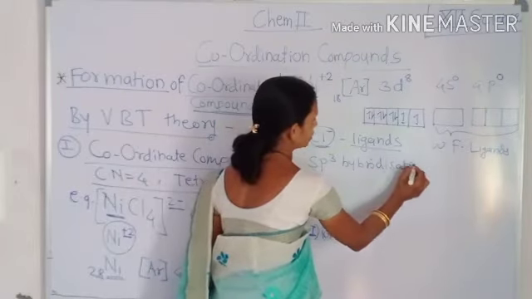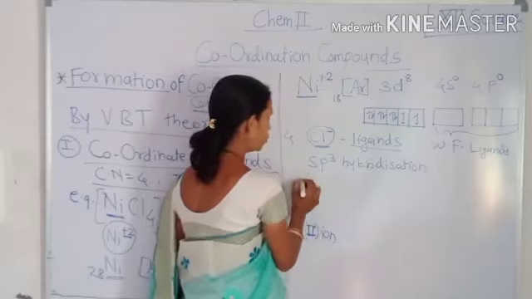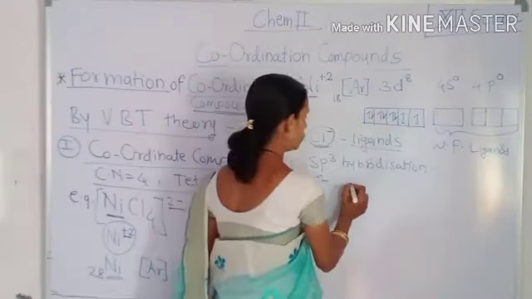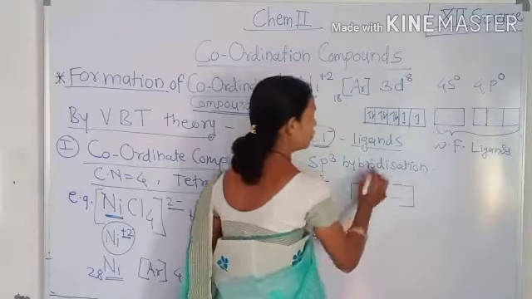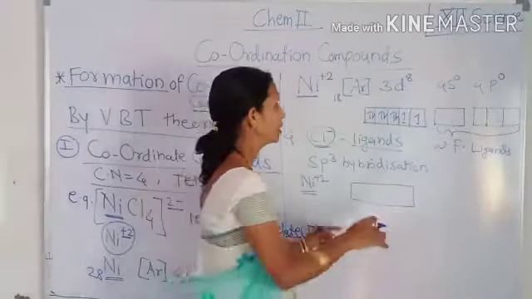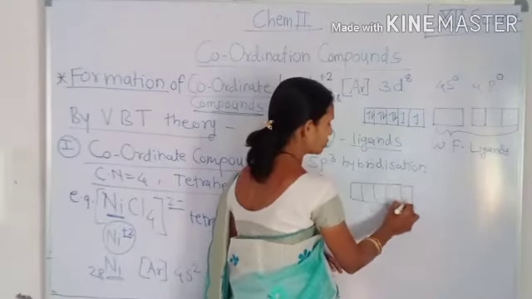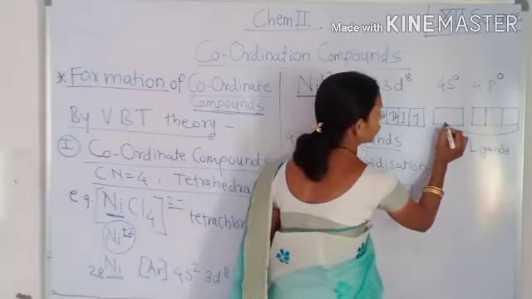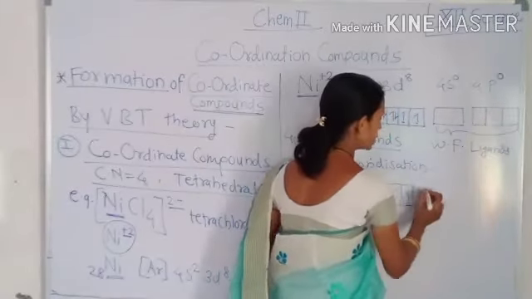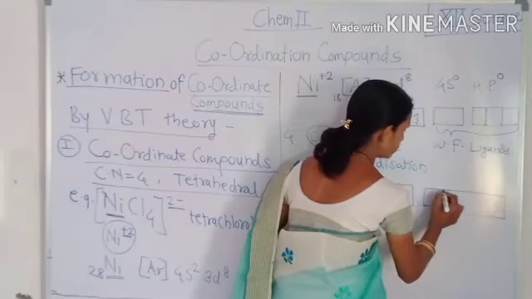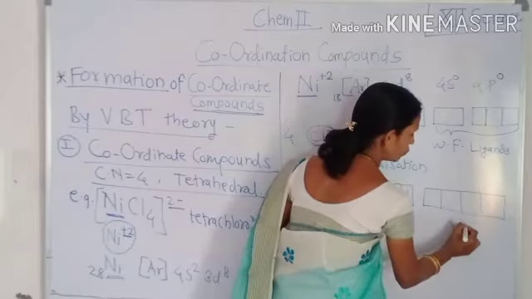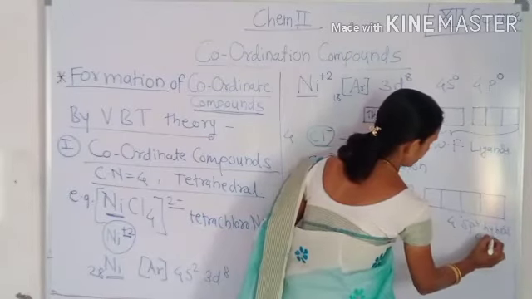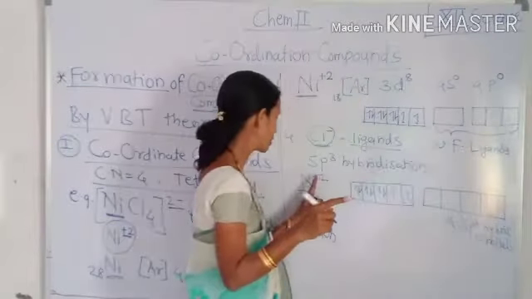The nickel 2 plus ion undergoes sp3 hybridization, in which the 3d orbitals are not involved. Therefore, the electrons in the d orbitals remain as they are, and one 4s and three 4p orbitals undergo hybridization and form 4 new sp3 hybrid orbitals of the Ni2 plus metal ion.